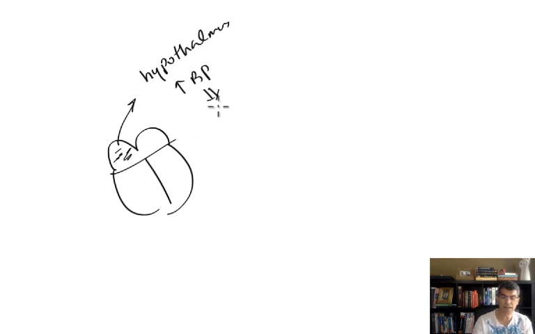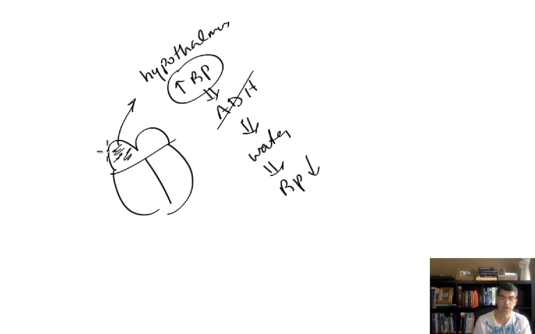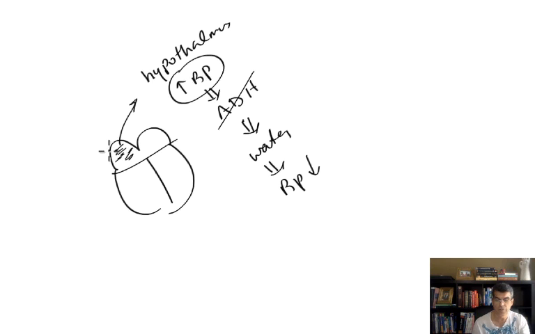The hypothalamus, as a result, is going to stop releasing antidiuretic hormone. When antidiuretic hormone goes away, you are not going to keep the fluid. As a result, you're going to dump lots of water in the urine, and your blood pressure is going to go down. As a matter of fact, the same is true for receptors in the wall of veins and also receptors in the wall of the pulmonary artery.